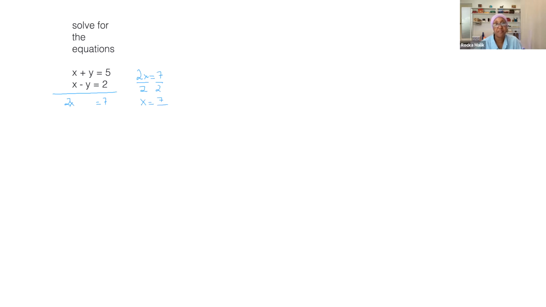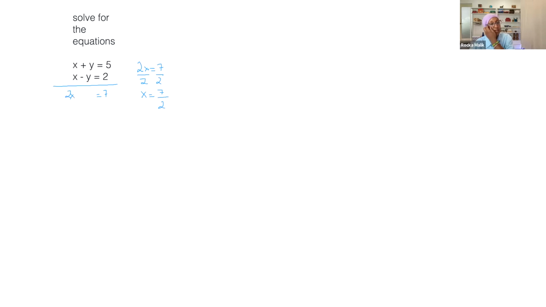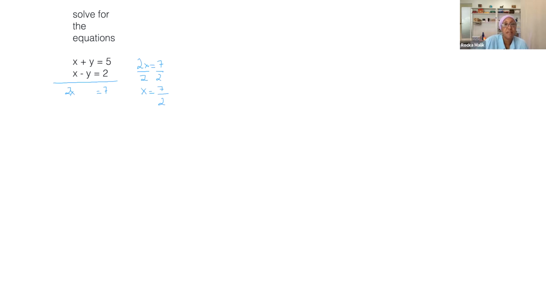Sorry about that. And we need to plug in that x equals 7 over 2 into any one of these equations. Since we didn't mess with either one of them, we can plug in 7 over 2 for x into either one you want to see what the value of y is.